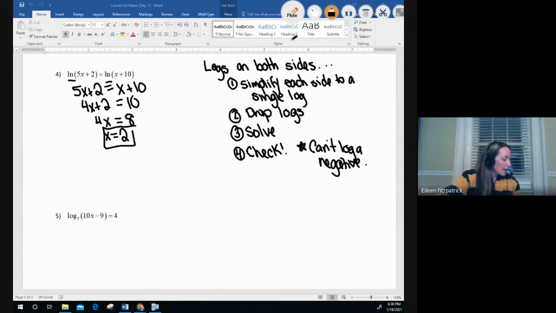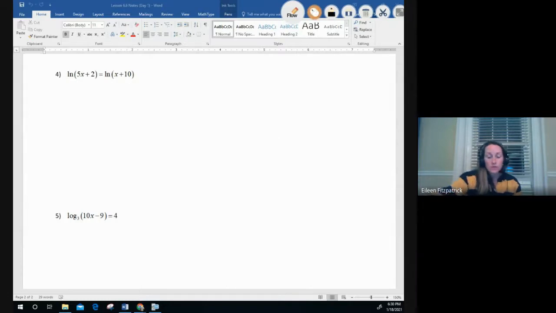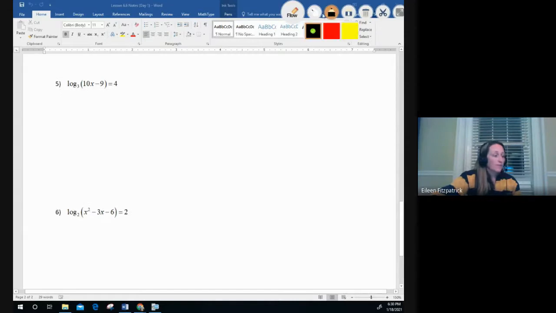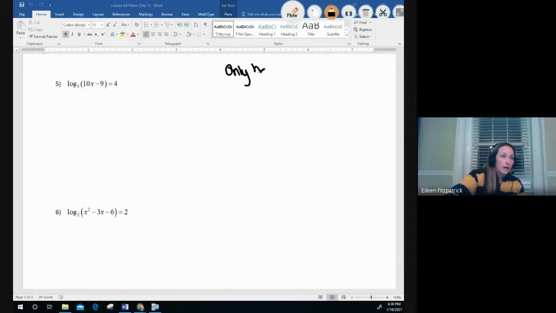Number 5, we have only one log. So I have to give you different notes for number 5. Okay, so let me scroll down. So number 5, when you only have one log, like a log on one side of the equation, you're going to isolate the log.